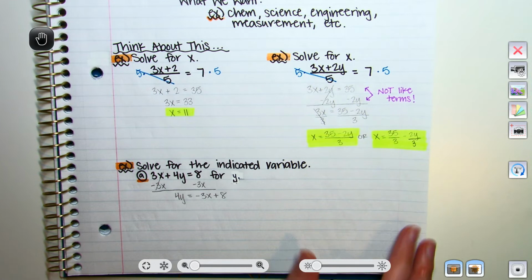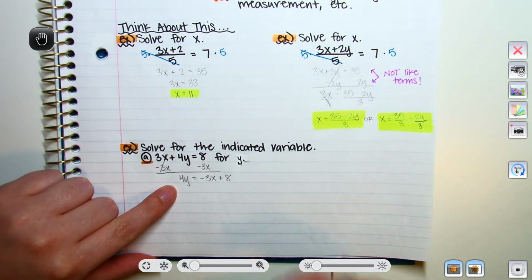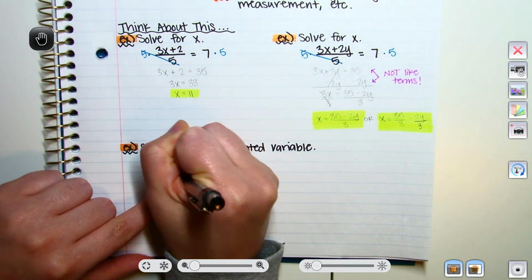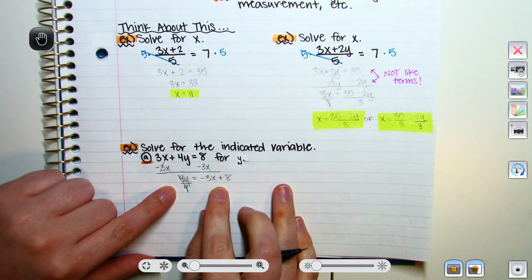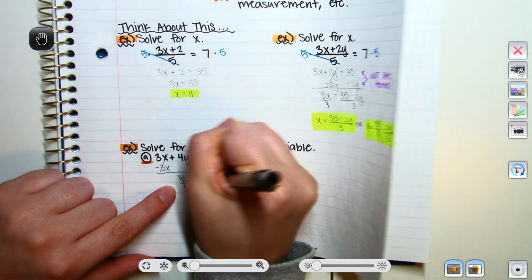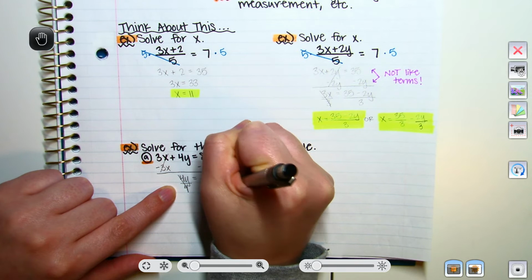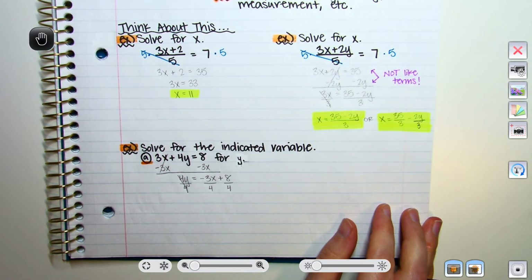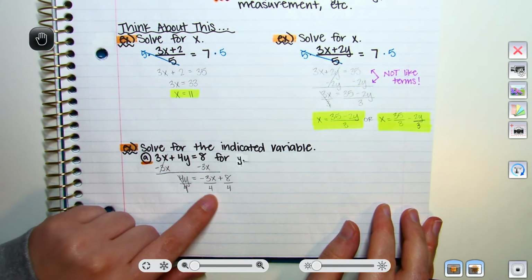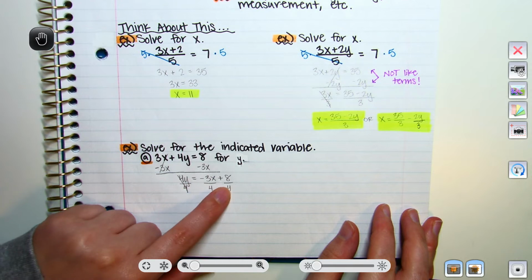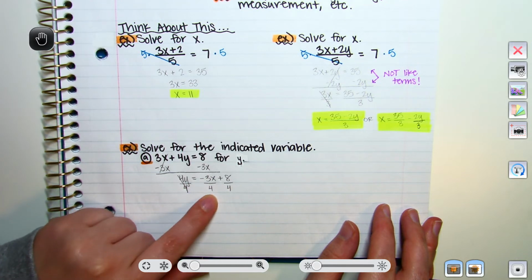All right, so the next thing we're going to do is divide both sides by 4. And again, you want to divide everything by 4. In the last example I showed it using just one big division bar. Now I'm going to show it if you divide the first term and divide the second term using two separate little bars.